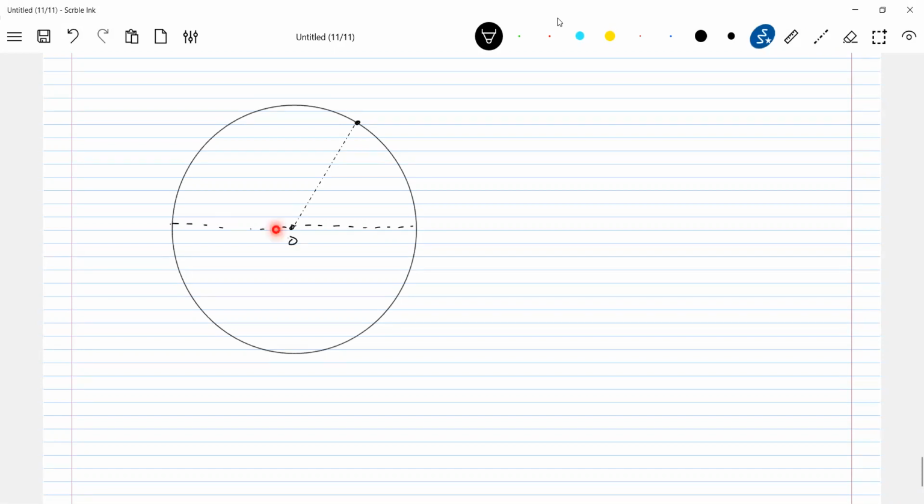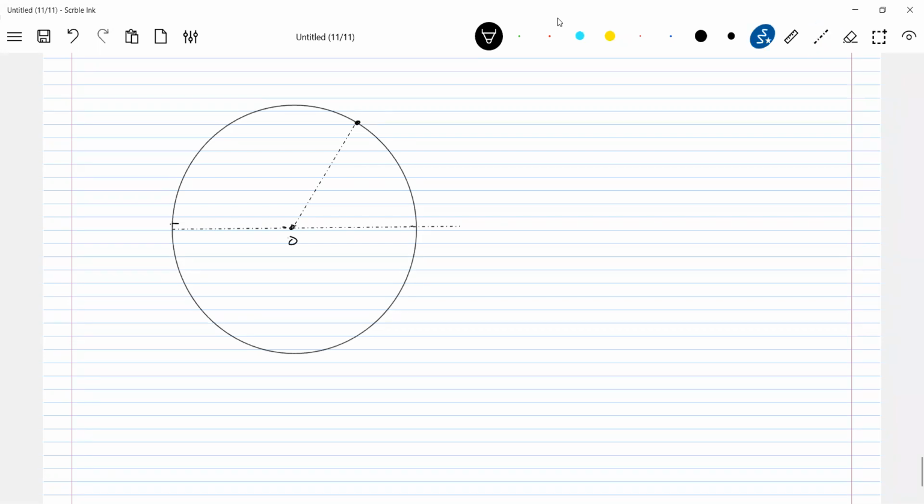Now let me bring in this diameter. Now the angular velocity, the particle is moving with a constant speed V, let R be the radius. Now, what is the angular velocity? Shall I write omega naught, angular velocity about O.